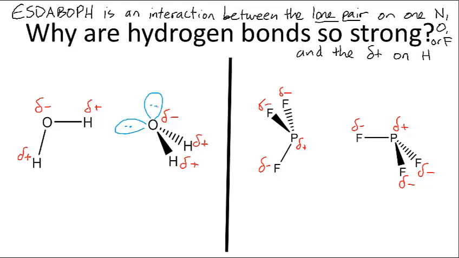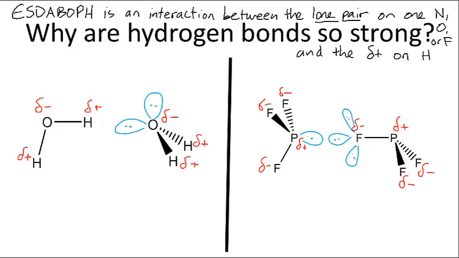Now similarly, if I draw my lone pairs on my atoms on the right, I have a lone pair here on phosphorus, and then I have lone pairs on fluorine.